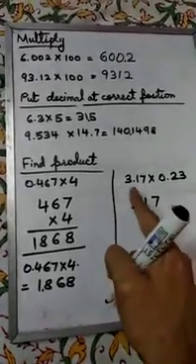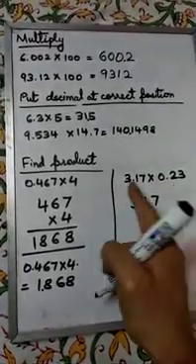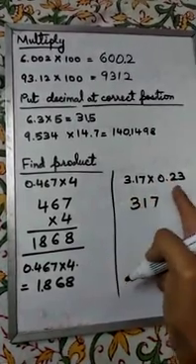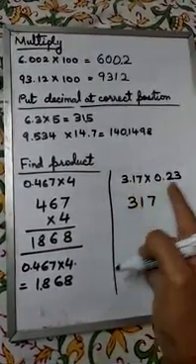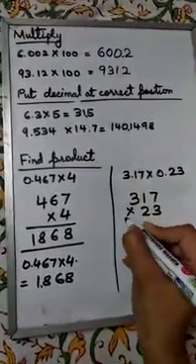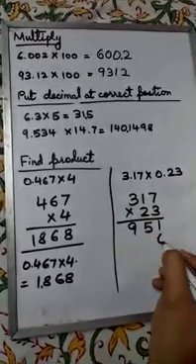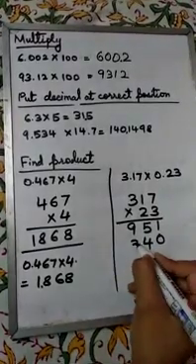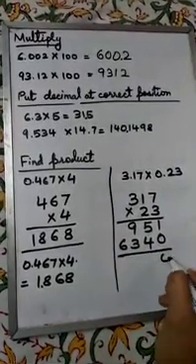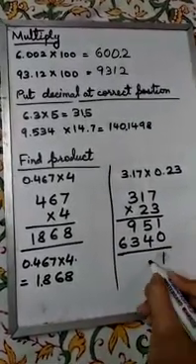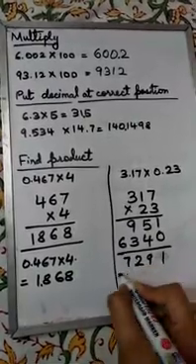Next is another number. We will forget about the decimal in both the numbers, the multiplicand as well as the multiplier. So 317 will be multiplied by 23. This is how you multiply. This is the product.